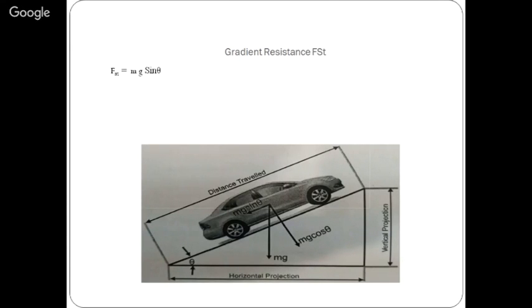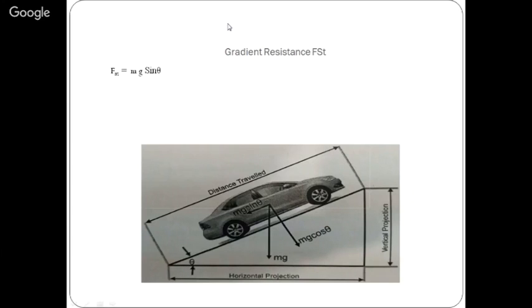Then gradient resistance. What is the force required by the vehicle to climb a particular gradient? So this is F equals mg sine theta, as I explained earlier. Clear? At that time, the frictional resistance in terms of Fr, in this case, no frictional resistance is there.